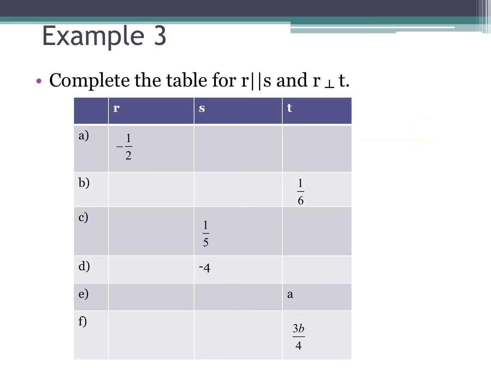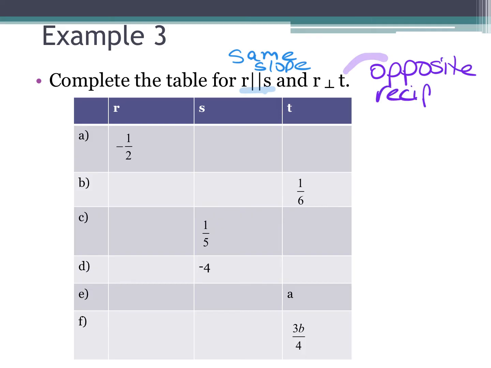So they want us to fill in this table, and they're telling us that R and S are parallel, but then R and T are perpendicular. So remember, parallel lines are going to have the same slope. So R and S are going to have the same slope. However, for the perpendicular, these are going to have opposite signs, and they'll be reciprocals of each other.